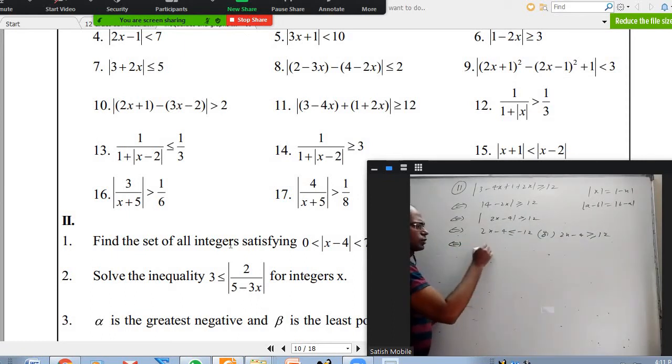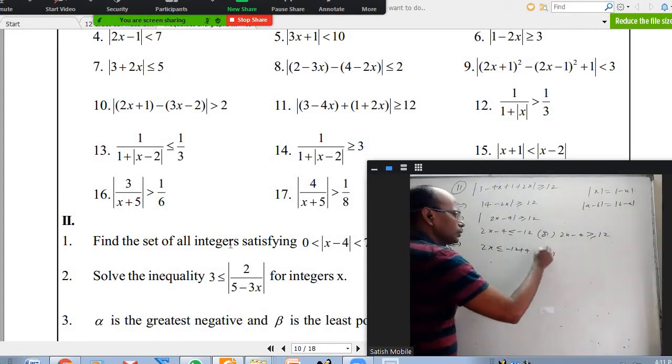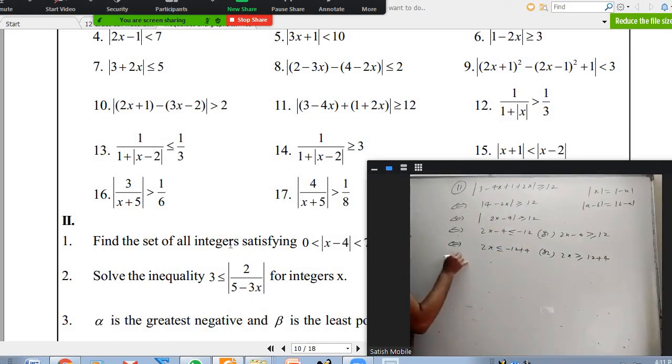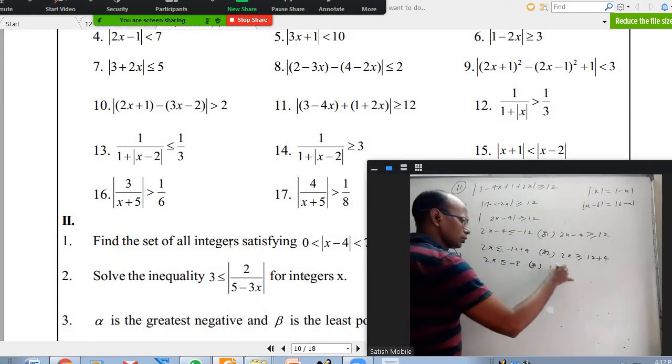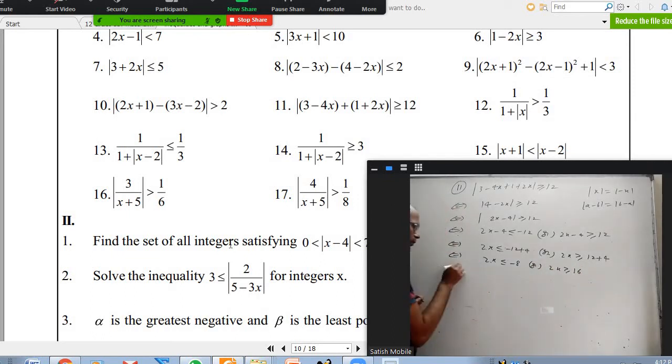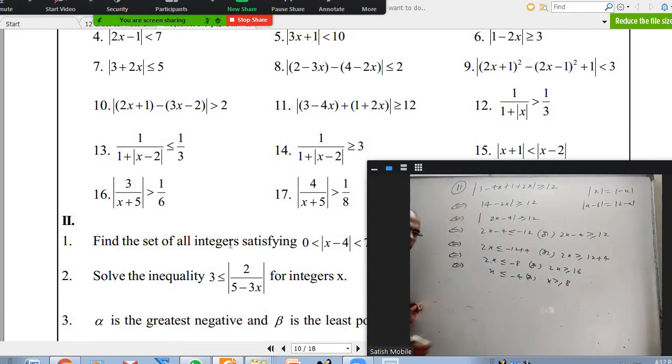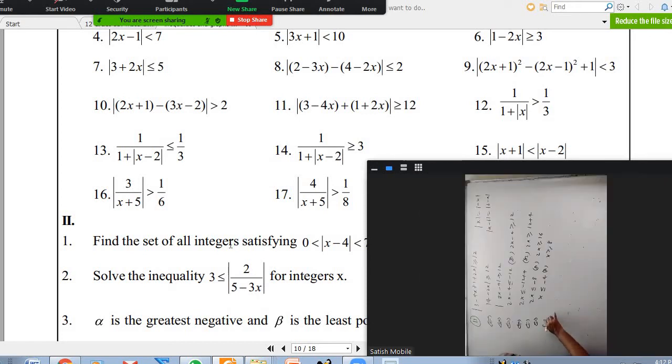I can send 4 that side, 2x is less than or equal to minus 12 plus 4 or 2x is greater than or equal to 12 plus 4. 2x less than or equal to minus 8 or 2x greater than or equal to 16. x is less than or equal to minus 4 or x is greater than or equal to 8. That's it. Solution set.